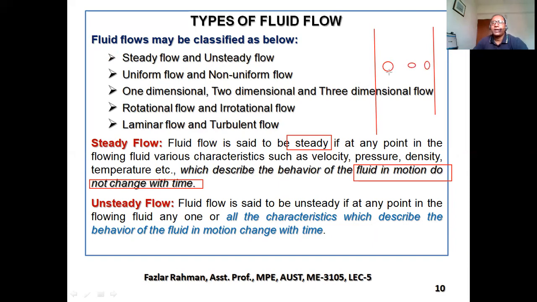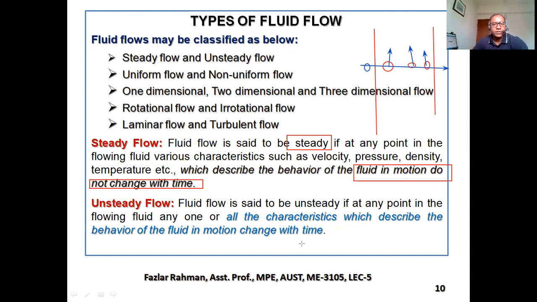Say you come in the morning to the river bank and count the velocity of a fluid particle moving along this line. You come in the morning, then in the afternoon, then in the evening, and you see you have the same velocity. That means velocity is not changing with respect to time. That is called steady flow. If it changes with respect to time, that is called unsteady flow.